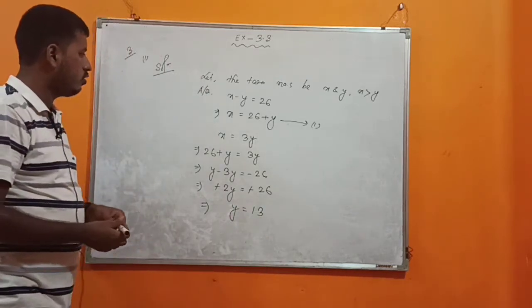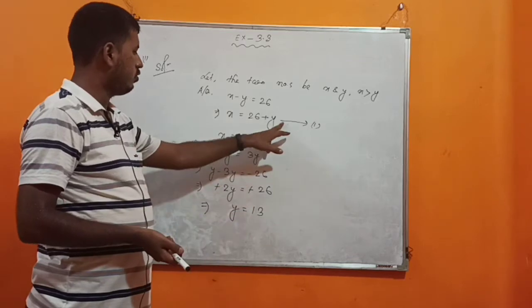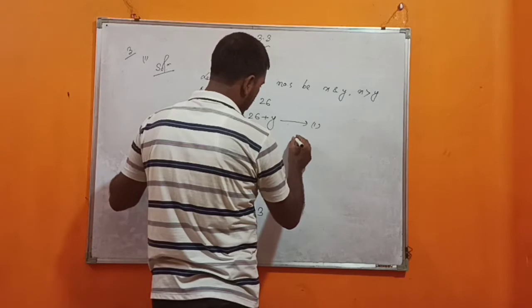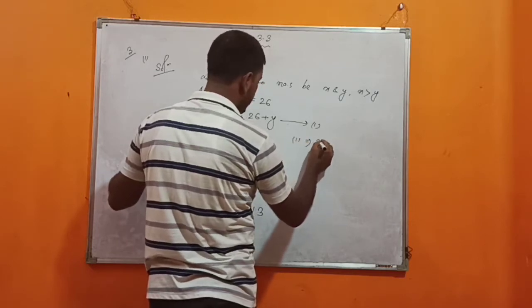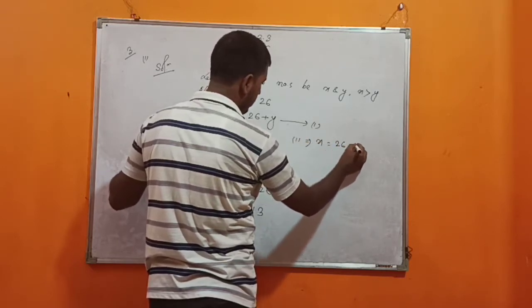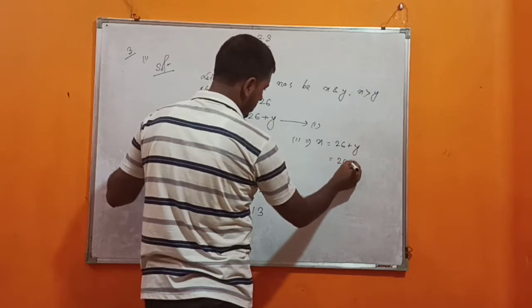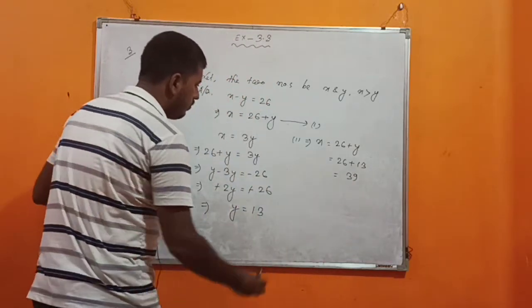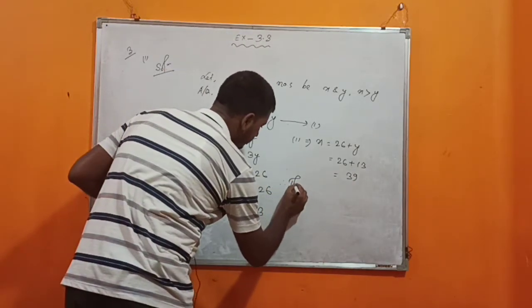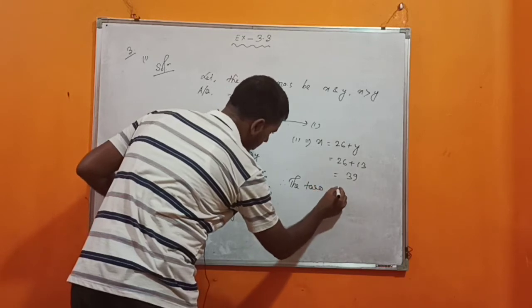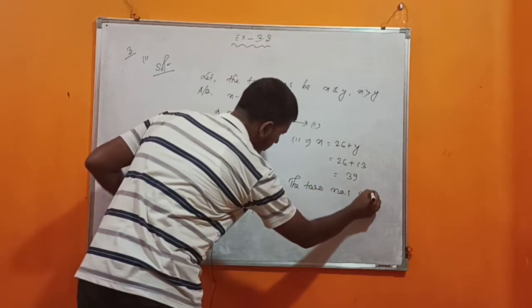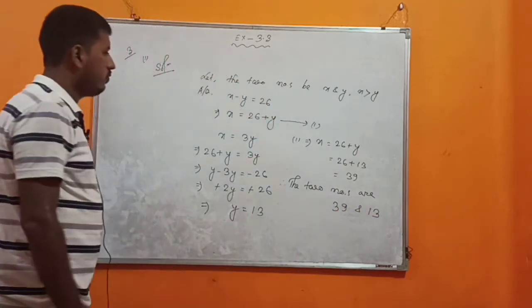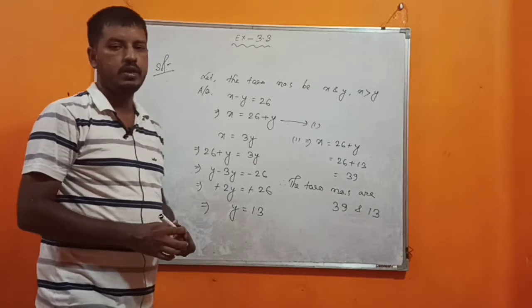Okay, now we have to put the value of y in equation 1 to find the value of x. Now I am substituting. 1 implies x equal to 26 plus y, that is 26 plus 13 is equal to 39. Okay, therefore the two numbers are 39 and 13.